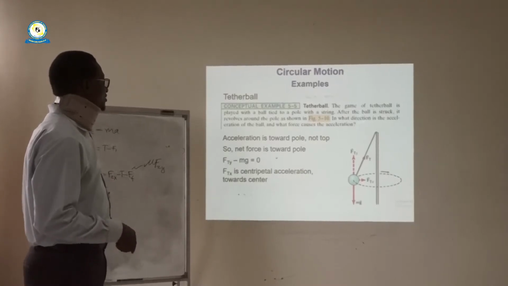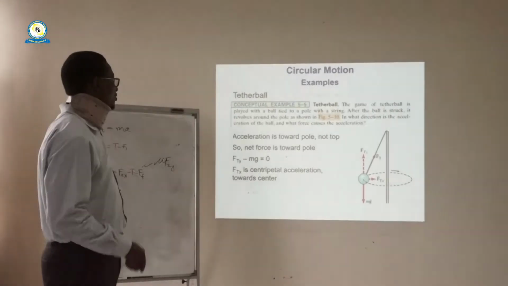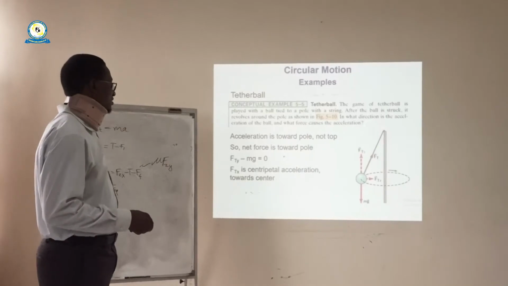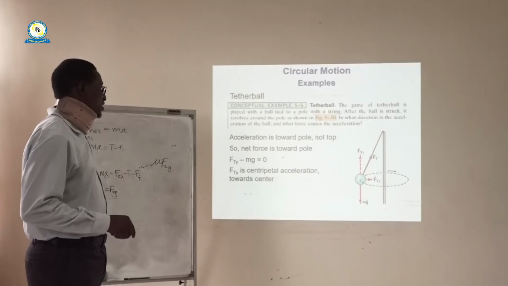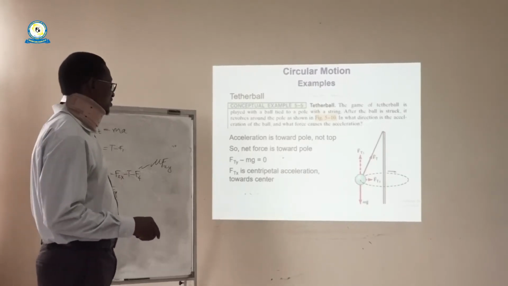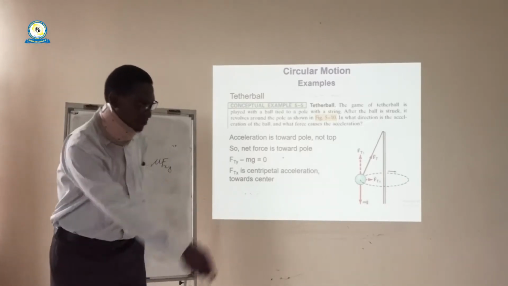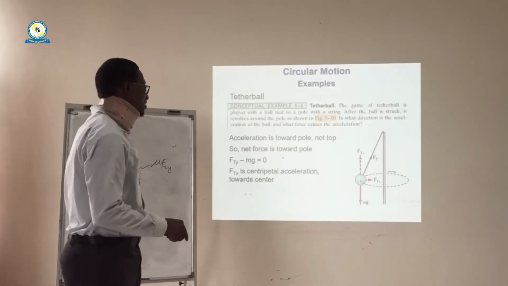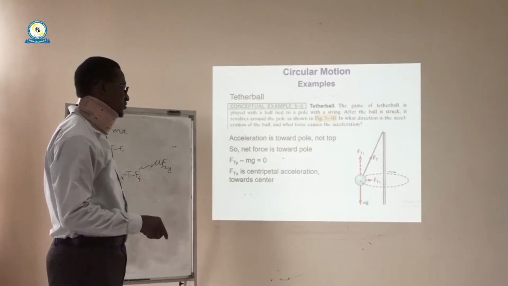The game of tetherball is played with a ball tied to a pole with a string, like this one. This case, tetherball. It's like a cone, right? And this is a string, and you can do like this, making a kind of circle here.